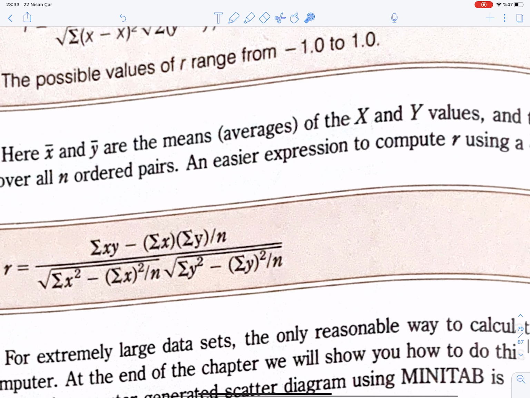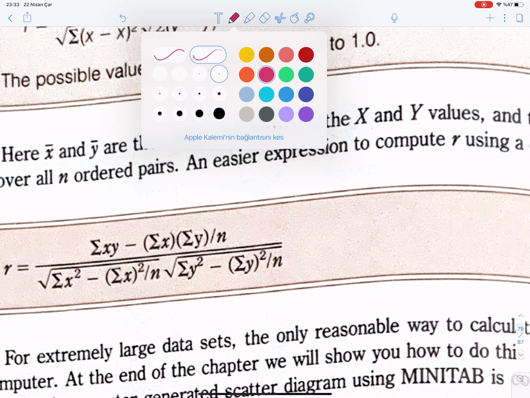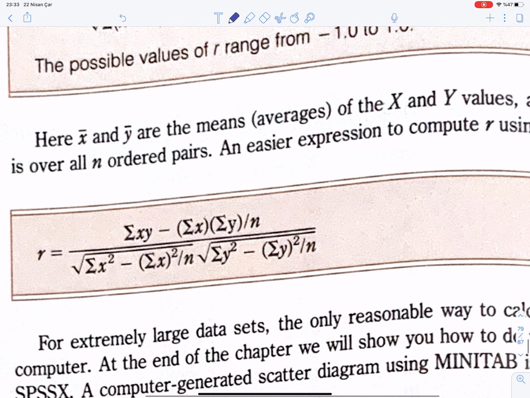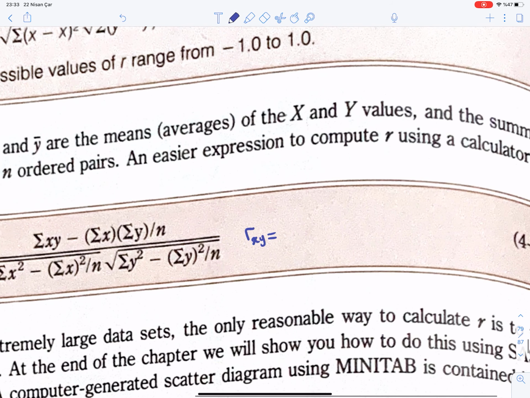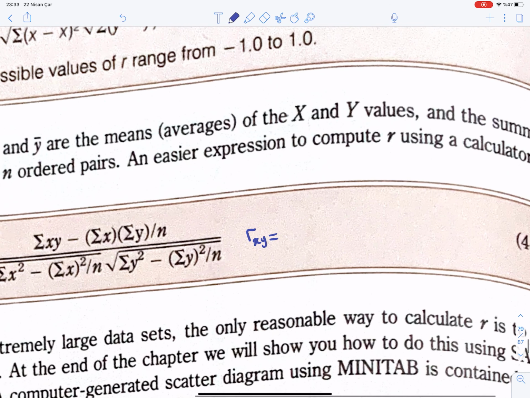One thing I would like to express for this formula: I write the correlation R, and I place x and y as subscripts.